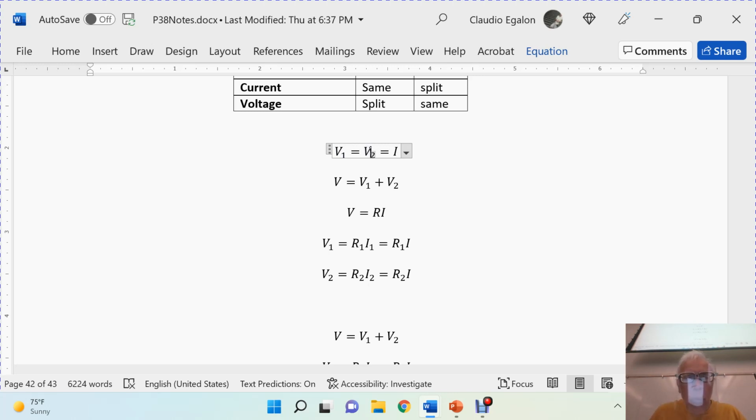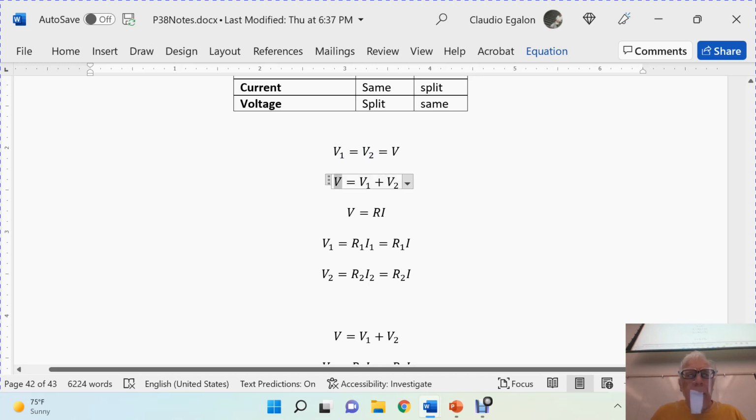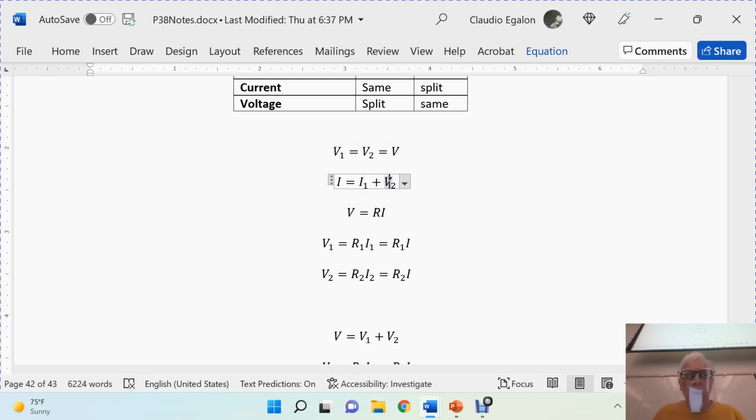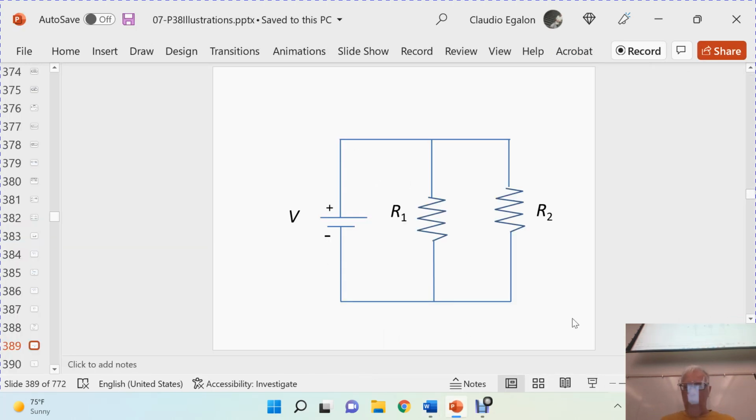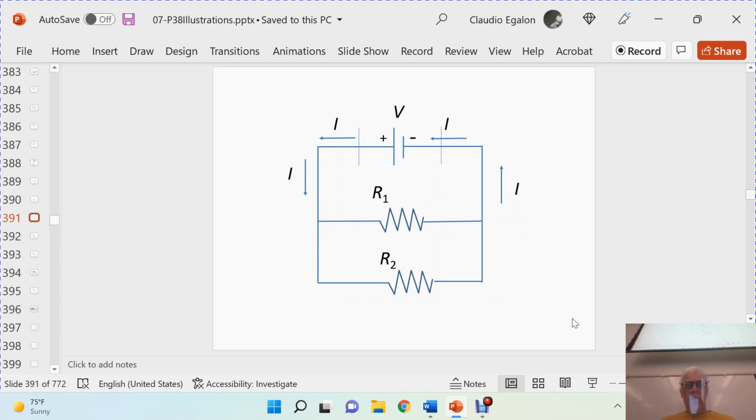I'm going to call that V, okay? And the initial current exiting the battery is going to be the sum of the currents going through each resistor. Let me see if I have an illustration here. Yeah, here you go. And that's where we have a split at this junction here. The sum of the two currents must be equal to this current here, because we must have conservation of charge. That's how we explain that.